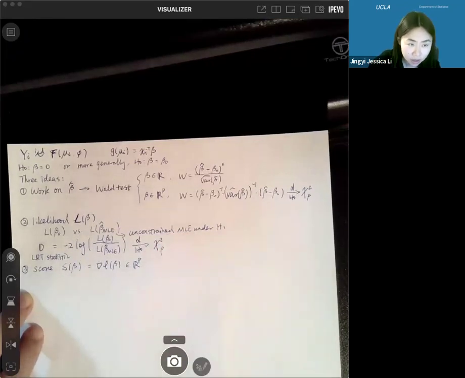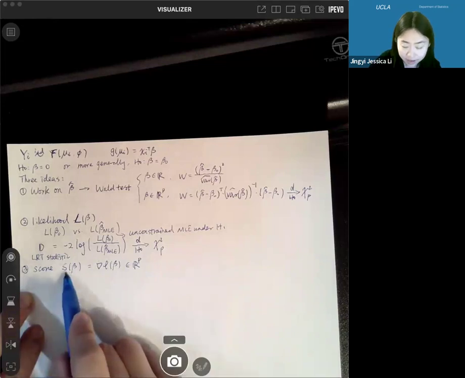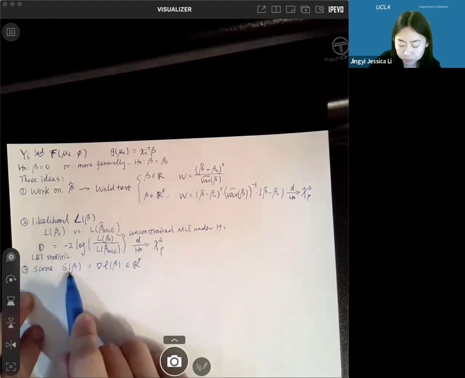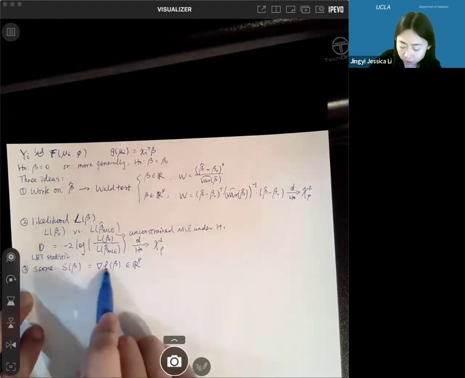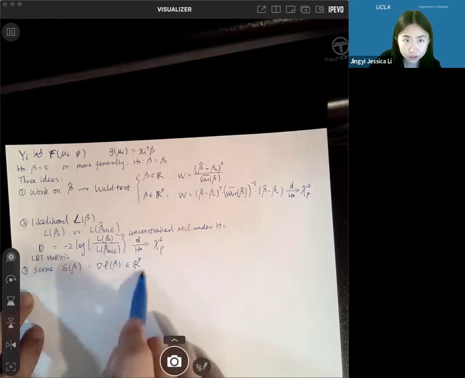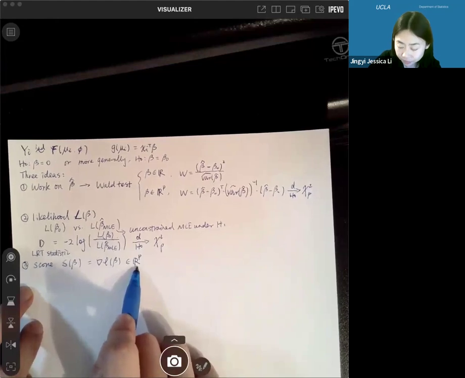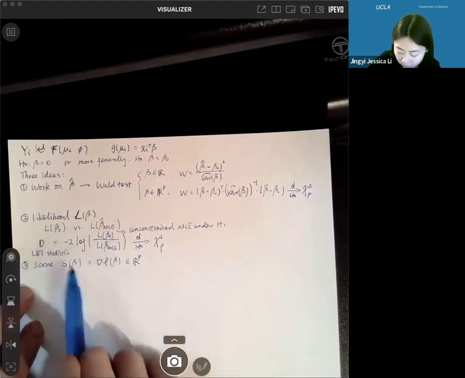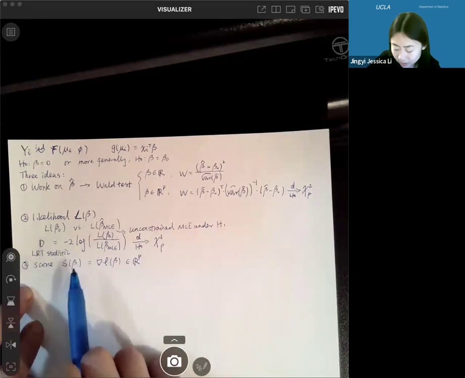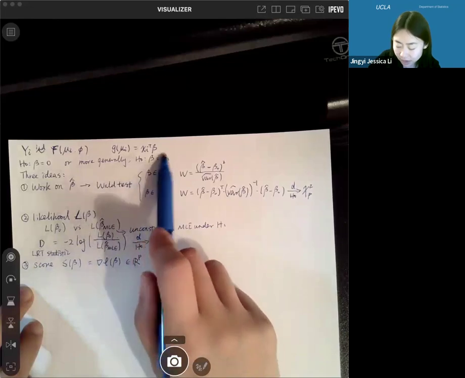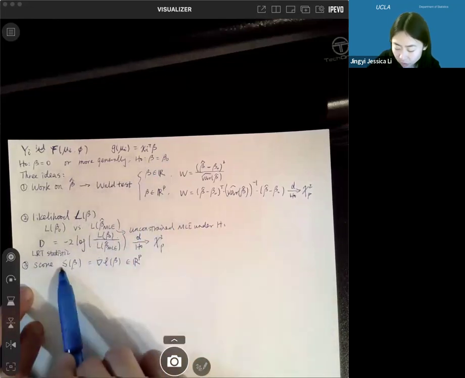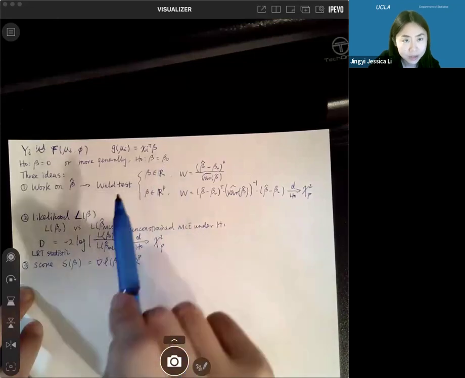So the score test will work on the score function. And the score function would be a random vector itself, because it involves the random variables which are involved in the likelihood computation. So the idea is that if the null model is correct, if we have beta 0 as the true value of beta, then the score at beta 0 would be equal to 0.